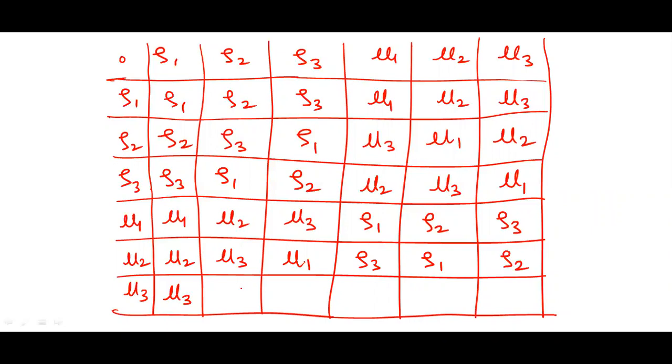Mu3 composition rho 2 is mu1, mu3 composition rho 3 is mu2, mu3 composition mu1 is rho 2, mu3 composition mu2 is rho 3, and mu3 composition mu3 is rho 1. Okay.